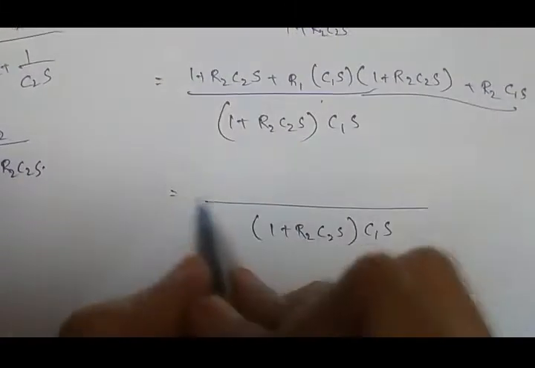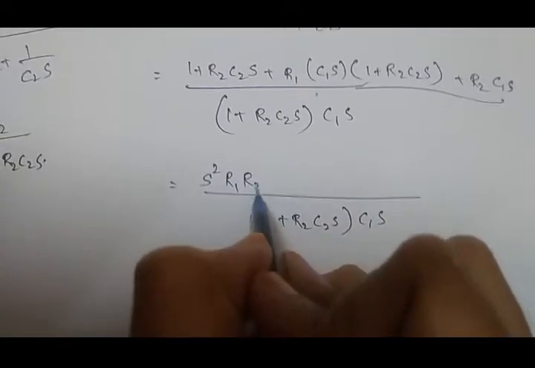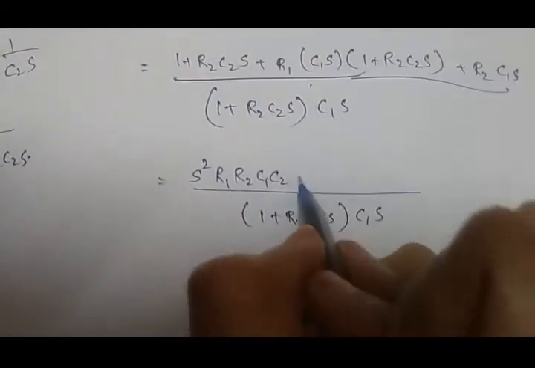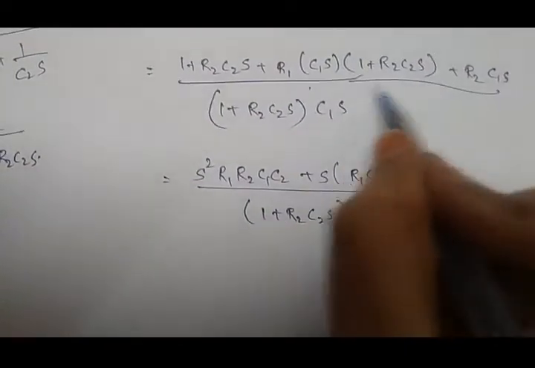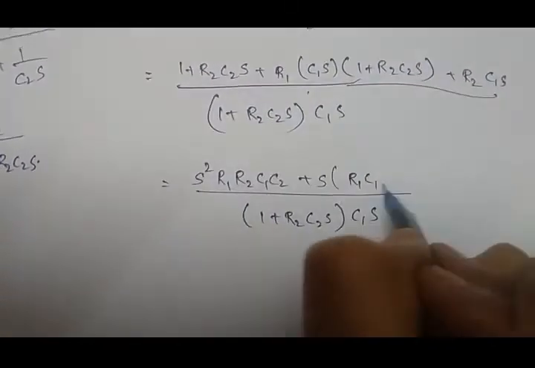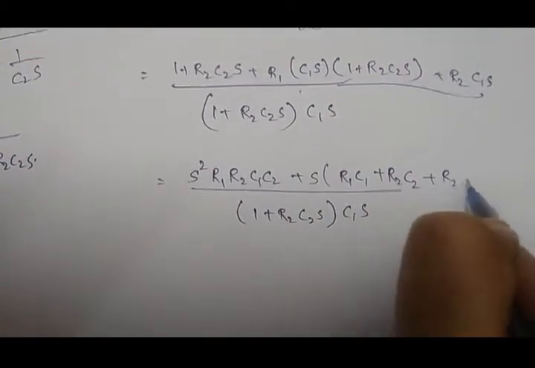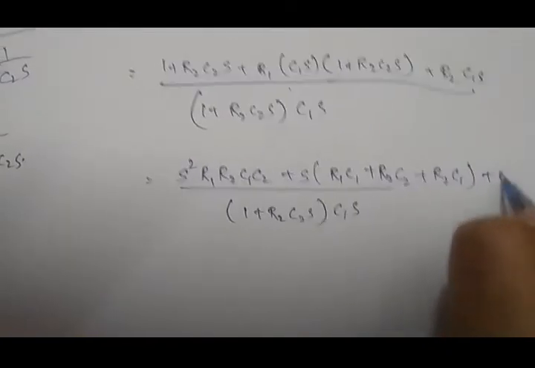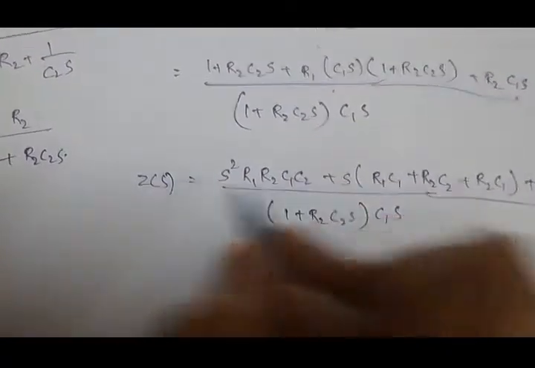Your S squared coefficient is R1 R2 C1 C2, plus your S coefficient R1 C1 plus R2 C2 plus R2 C1, plus 1. So this is your Z of S.